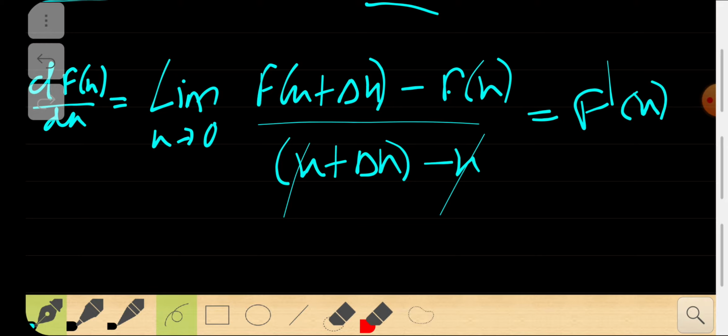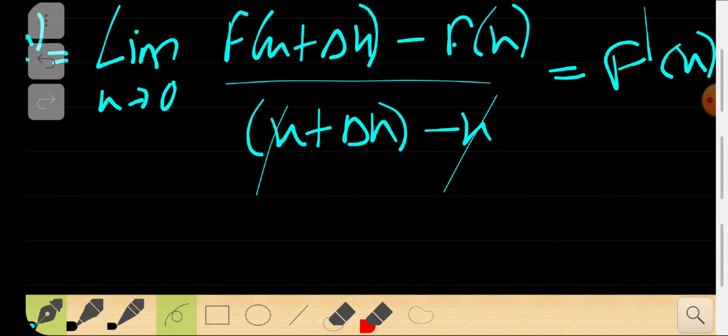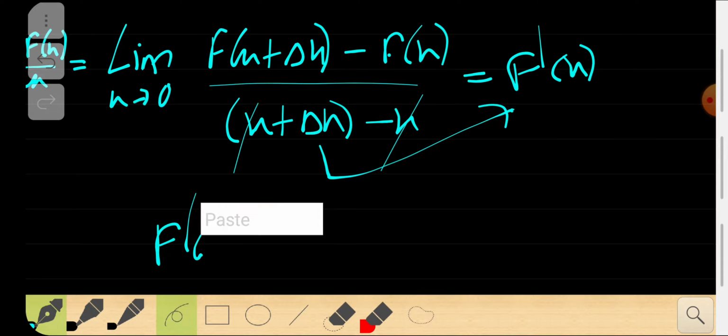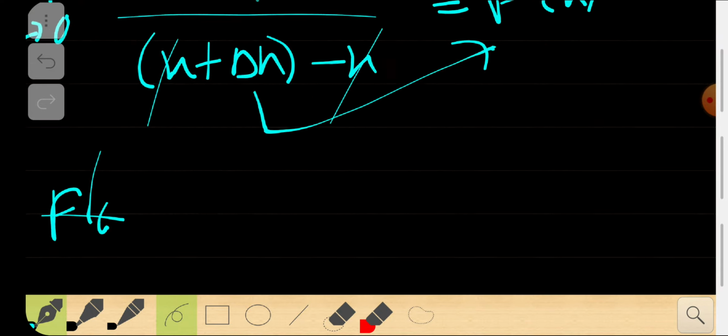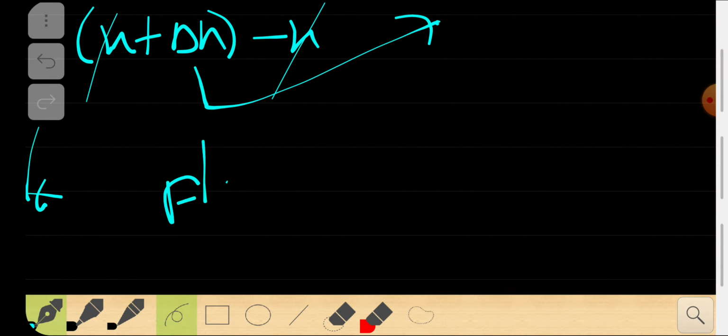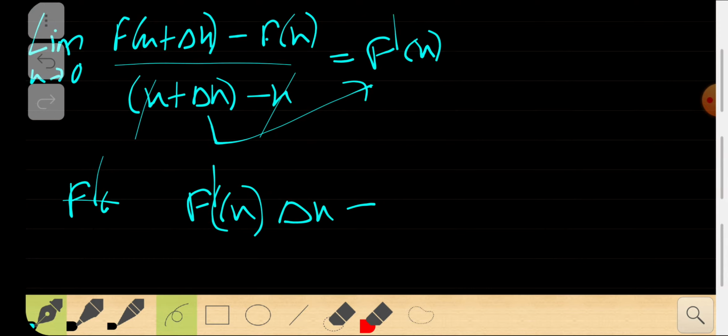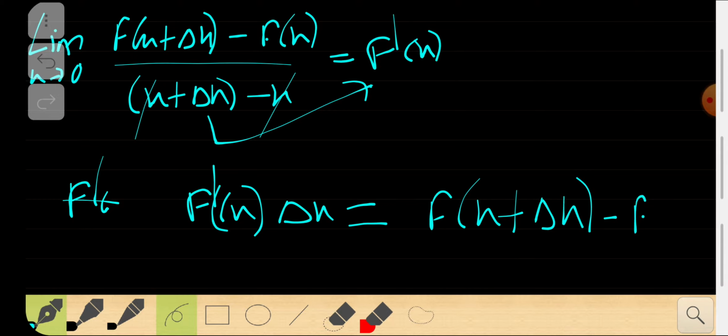Now you can simplify that for this limit, right? You can multiply by delta x to this side, and you get f dash of x times delta x must be equal to f of x plus delta x minus f of x.